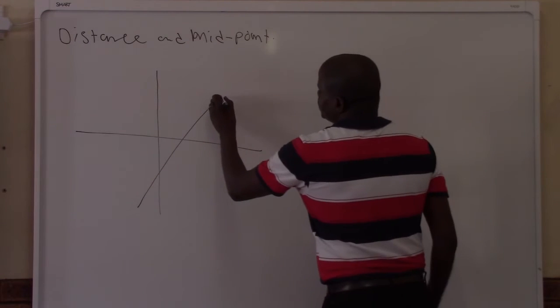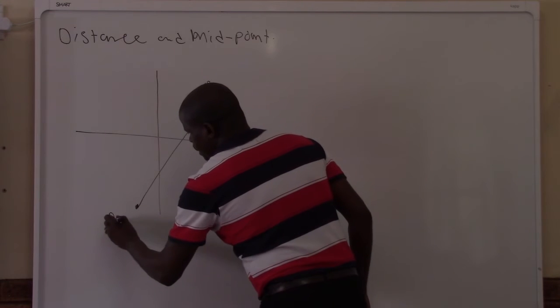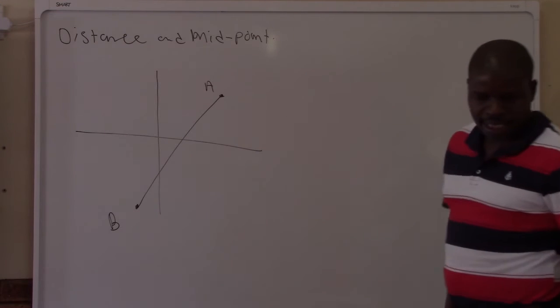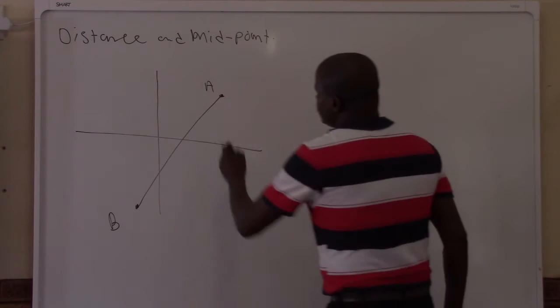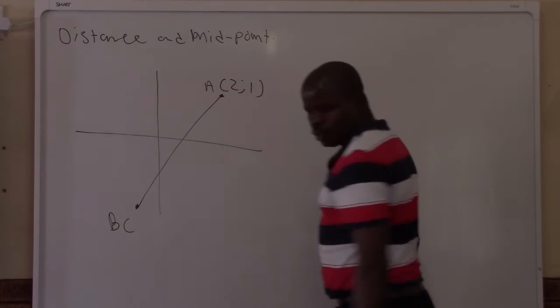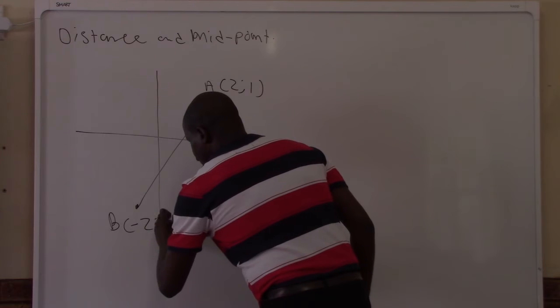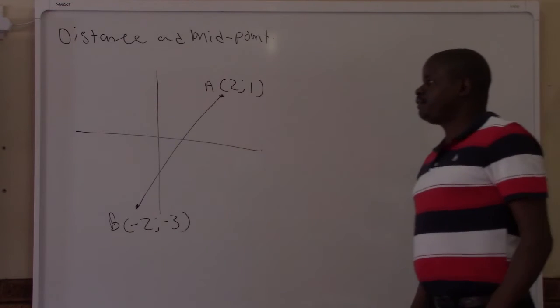So this line, let's say here it's point A and here is point B. And then the coordinates of A are 2 and 1, and the coordinates of B we have -2 and -3.